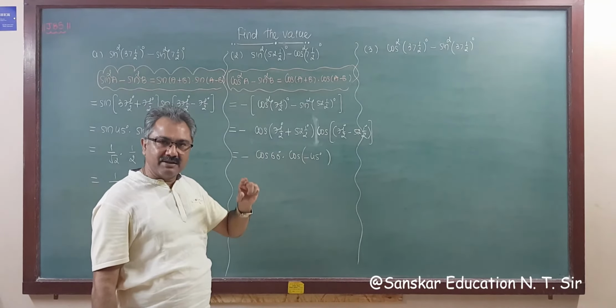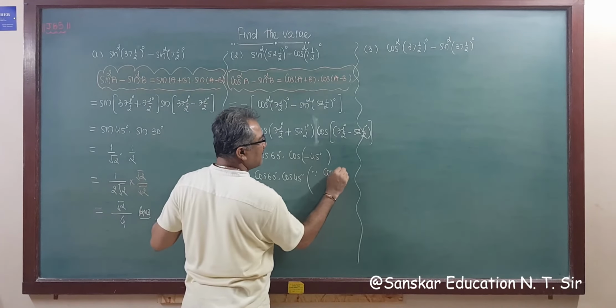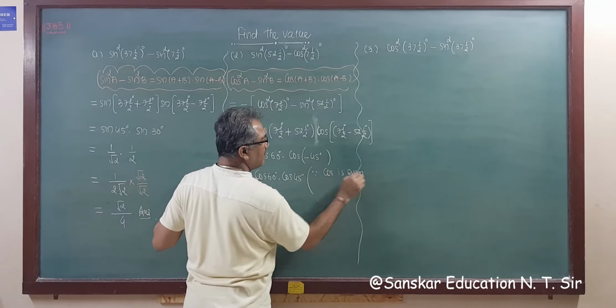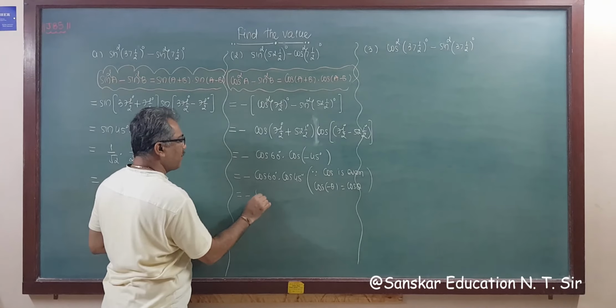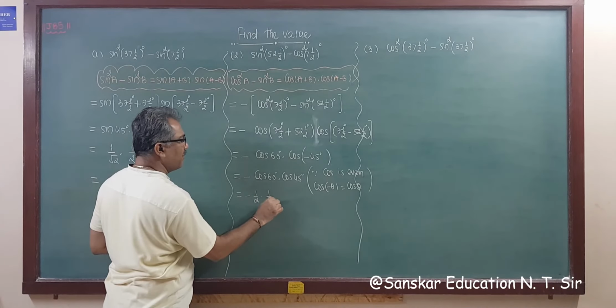So the answer will be minus cos 60 into cos 45 because cos is even. Now cos 60 is half, and cos 45 is 1 upon root 2.